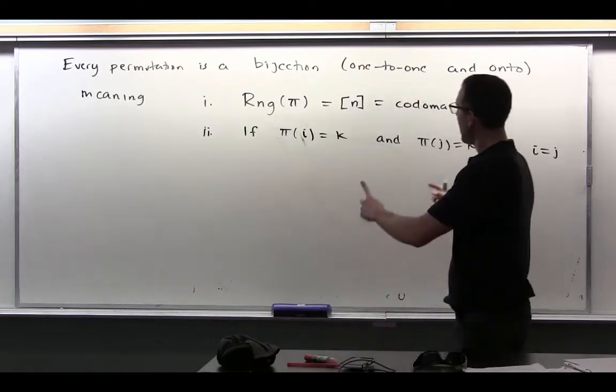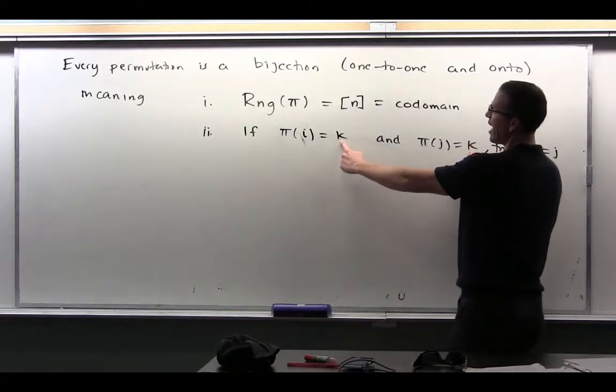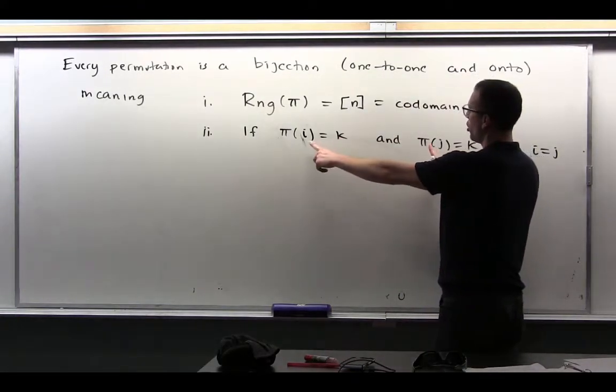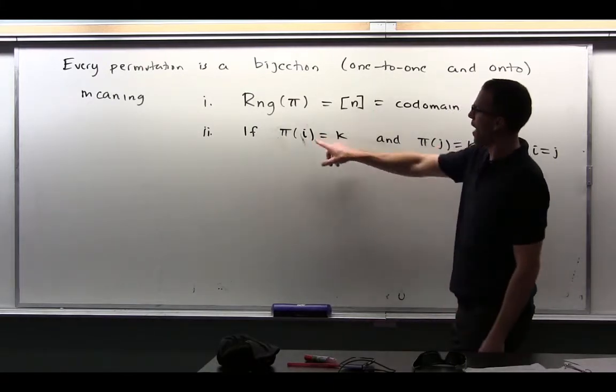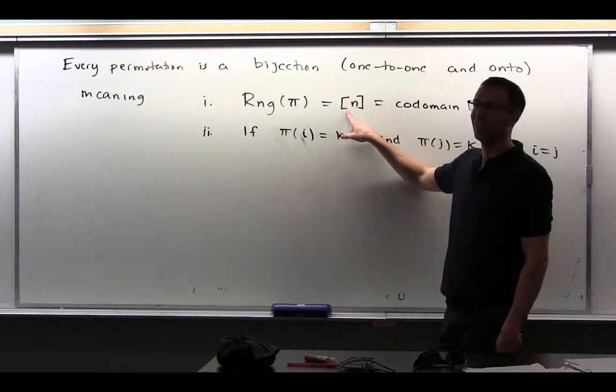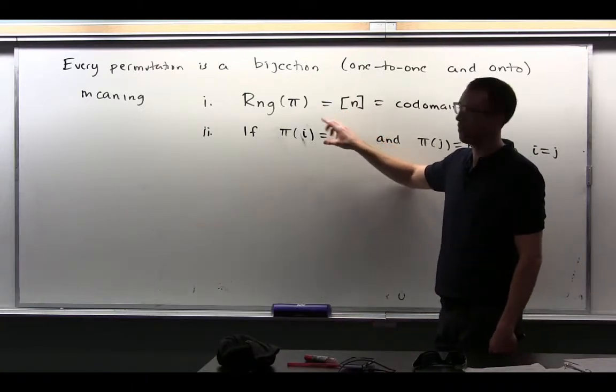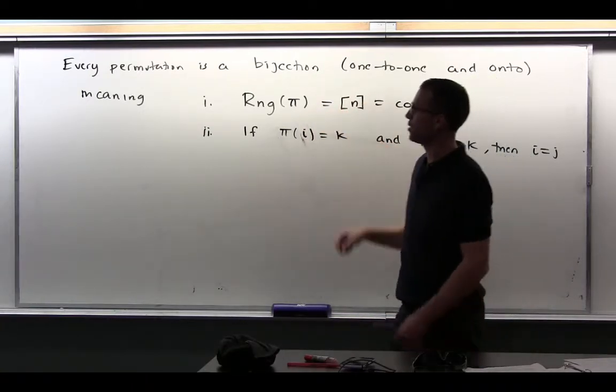There's no way that the same output could have two different inputs. And my claim is that must be true here. You could actually, one of them implies the other one in this particular case.